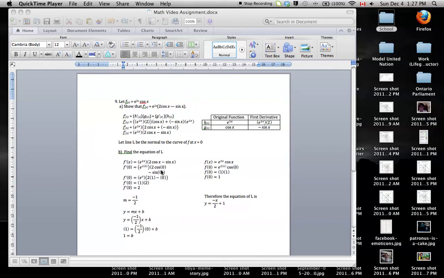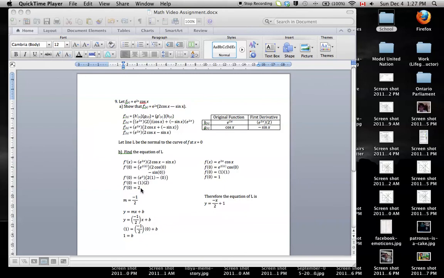Now we know that cos 0 is a special angle, which is equal to 1, and sine 0 is another special angle which equals 0. So again, e to the power of 0, or any number to the power of 0, we know that equals 1. Now, if we expand it all, we get f prime of 0 equals 2.